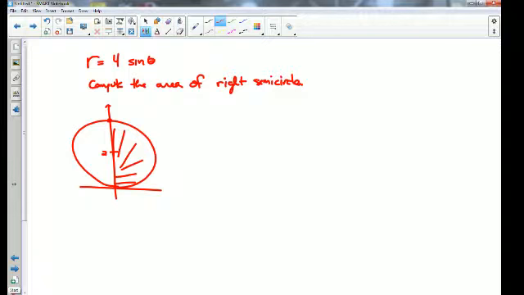Can you do this with geometry really easy? Pi r squared, radius is 2. So we know we can do geometry here if you want to. It's always an option. Frankly, it's the easy one.